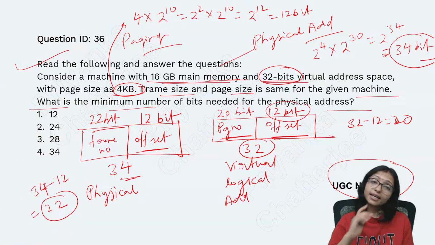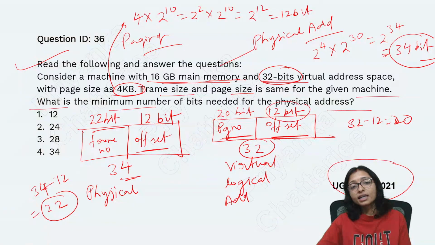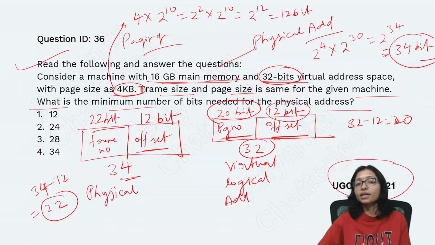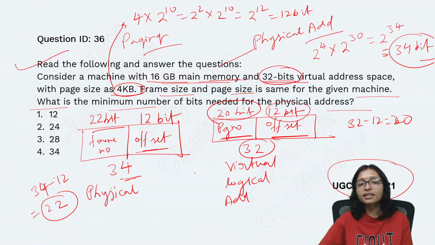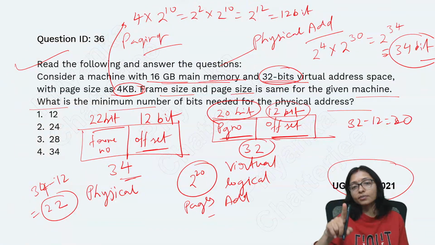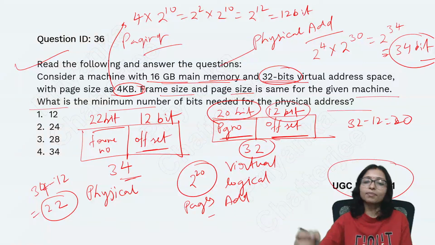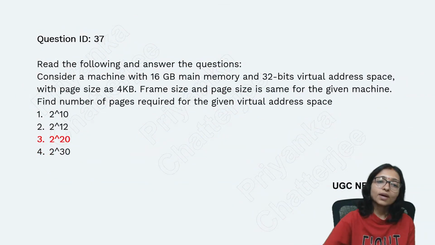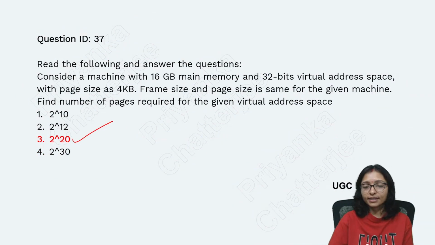So 20 bit for the page number means how many pages are there? 2 to the power 20 pages.